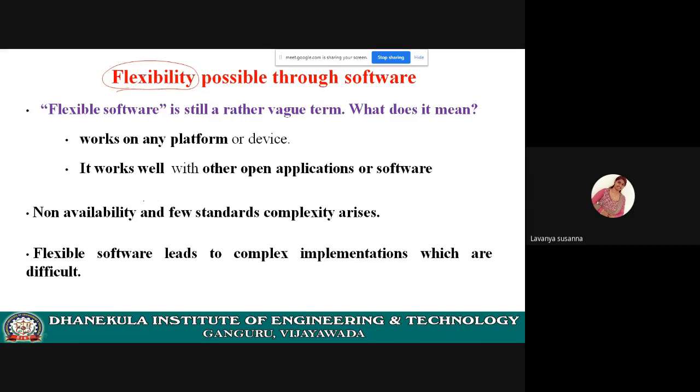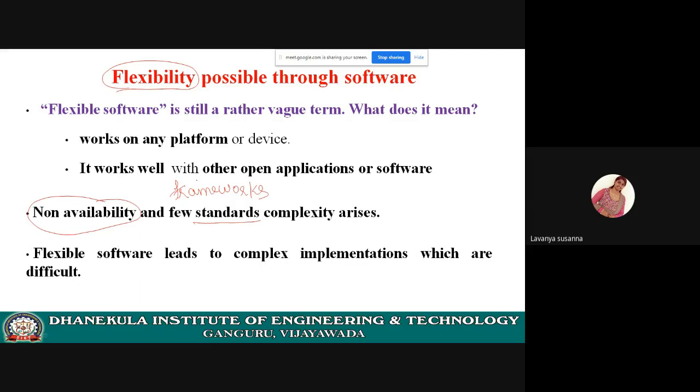But here, due to the non-availability of standards and frameworks, the complexity arises.